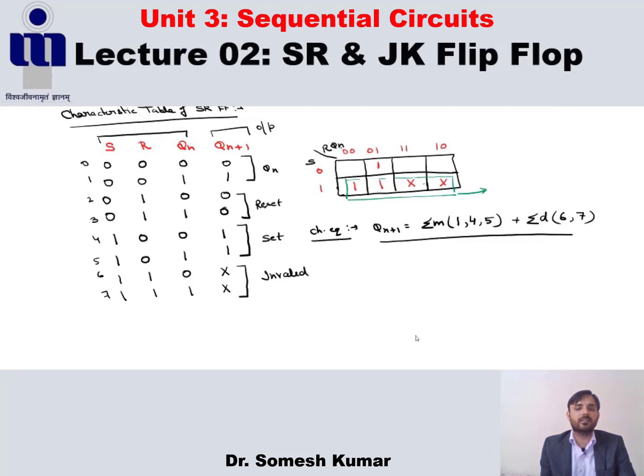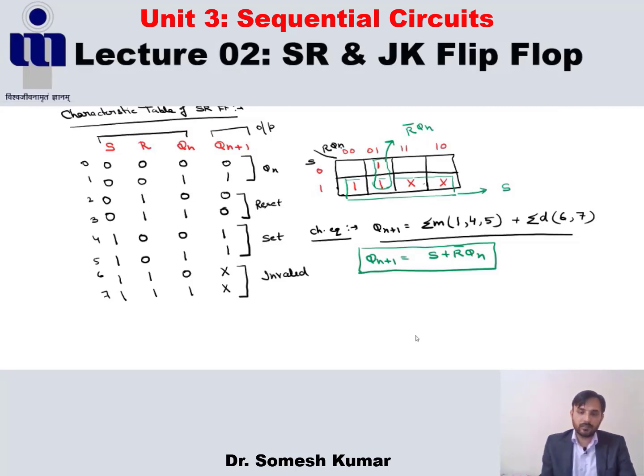So what is the value of this case? Here we assume both don't cares are 1 and 1. So what is the value? Here the value is basically S, and the second combination is this. So what is the value in this case? R bar Qn. Fine. So overall here the Qn plus 1 becomes S plus R bar Qn. So this is the characteristic equation or the Boolean function for the SR flip-flop, S plus R bar Qn.